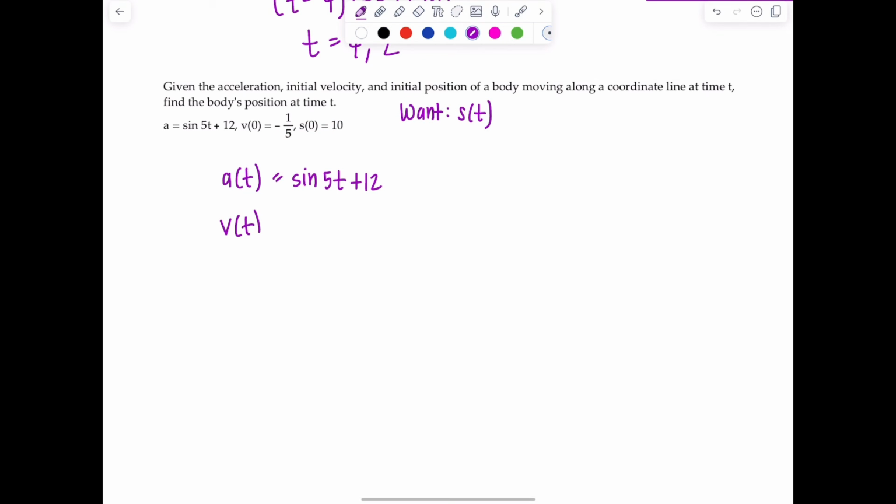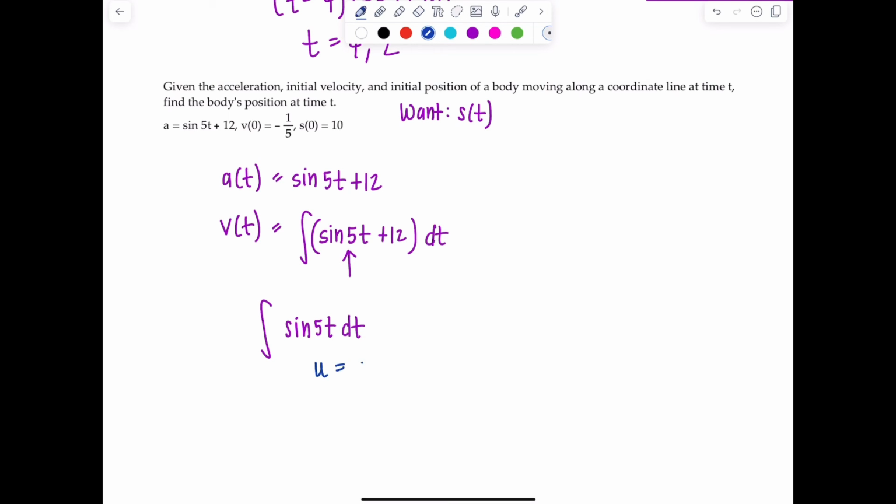So velocity is going to be, you can write out an integral if you want, the integral of sine 5t plus 12 dt. Velocity is going to be the antiderivative of acceleration. So do you need to do a u sub for this? Probably. Let's talk about it. So we have the antiderivative of, let's just look at the sine 5t, okay?